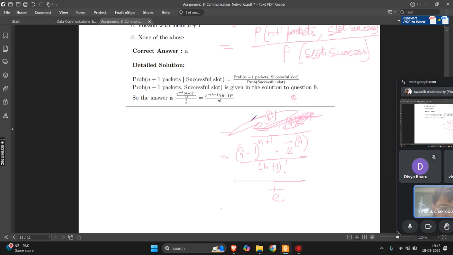So you take this e to the numerator: (n hat minus 1) to the power n plus 1, e to the power minus (n hat minus 1), by n plus 1 factorial.